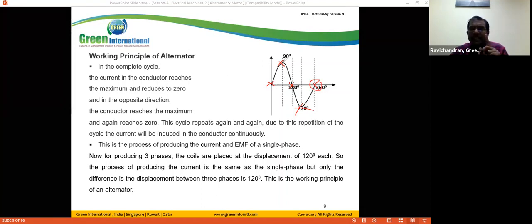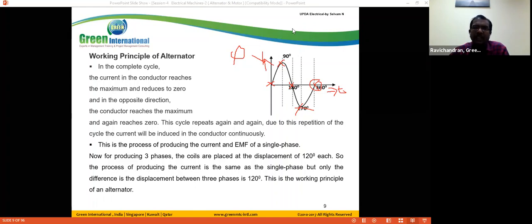At 90 degree, the output has a maximum value. In the x-axis we have time, in the y-axis we have voltage. Voltage is directly proportional to the flux linkages. When the conductor cuts the maximum flux, the maximum voltage is produced.